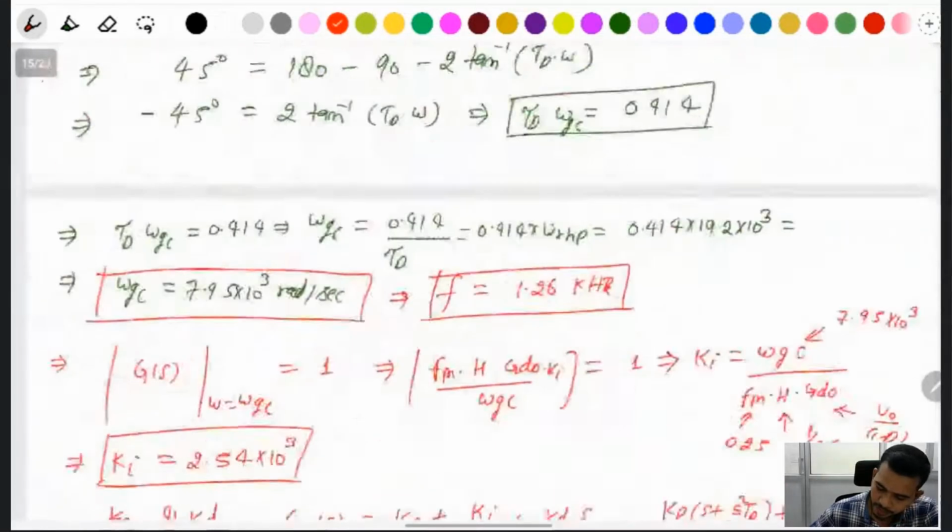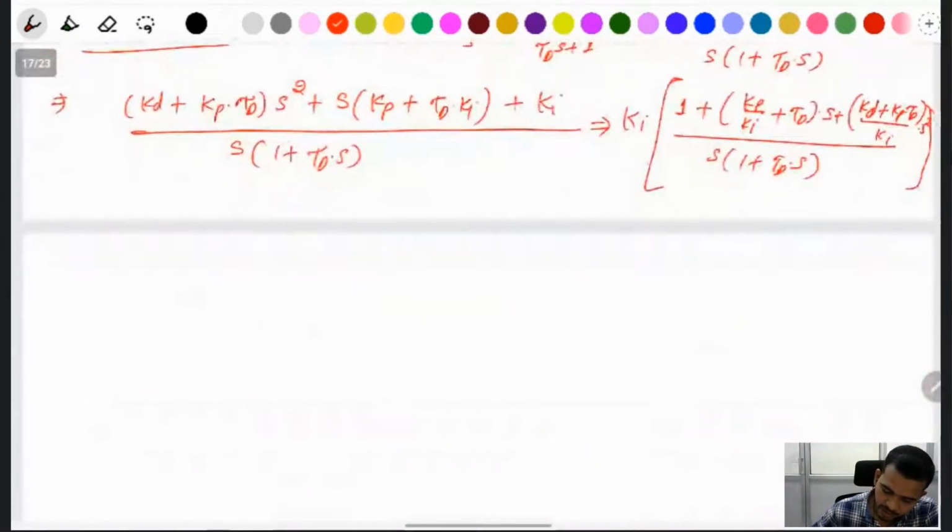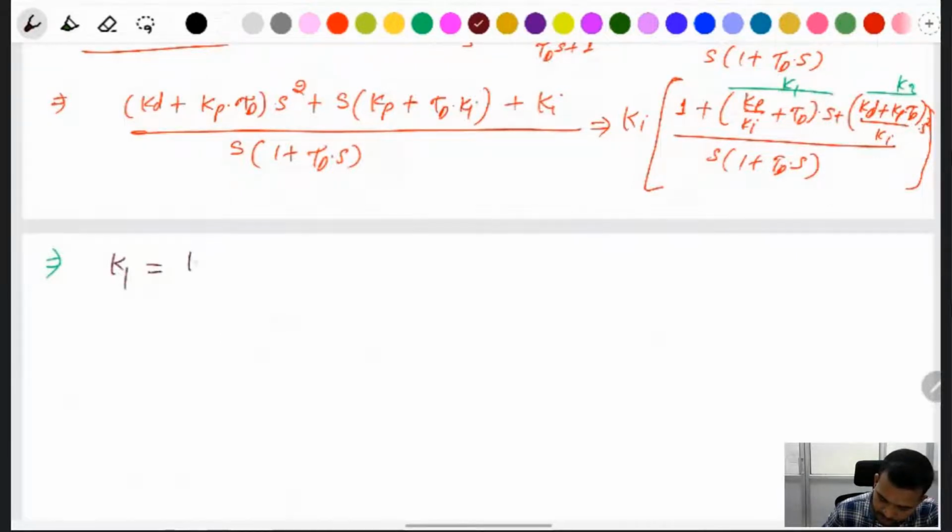This one is fine. Denominator and numerator are K1 and K2. From this, this one is K1 and this one is K2.